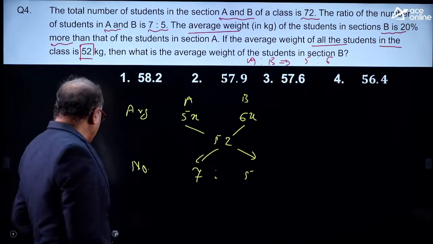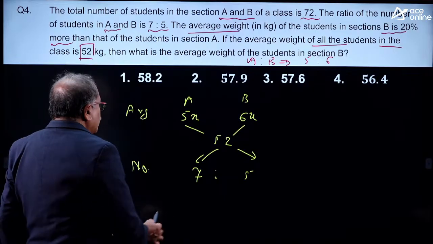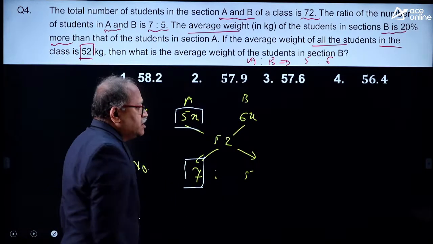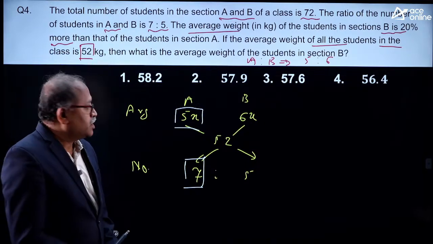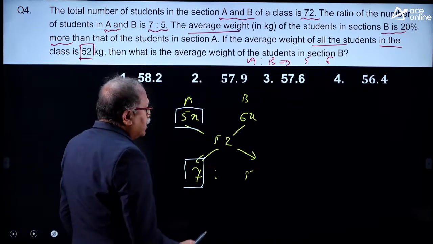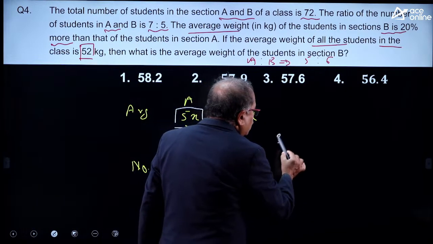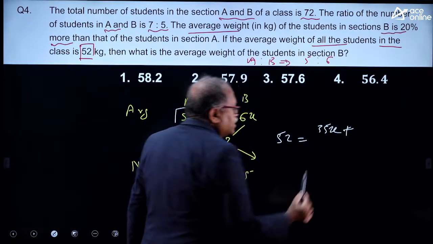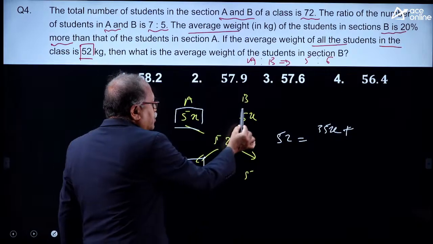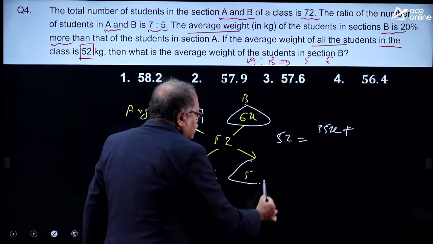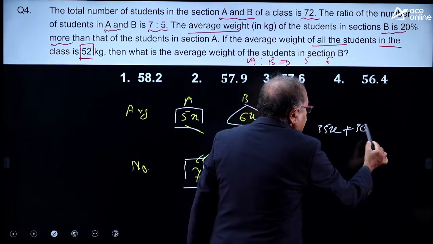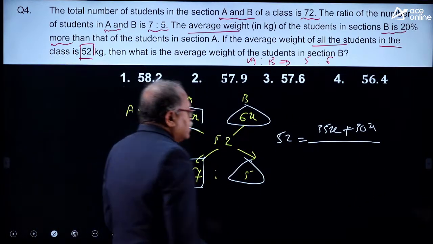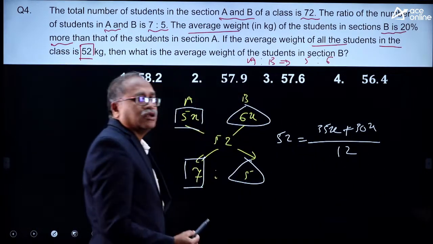But there is a direct approach over here. What is the product of these two? 7 times 5 is 35. So 52 is equal to 35x plus, what is the product of these two, 30x, divided by the ratio, 12. So this is how we can directly do it.